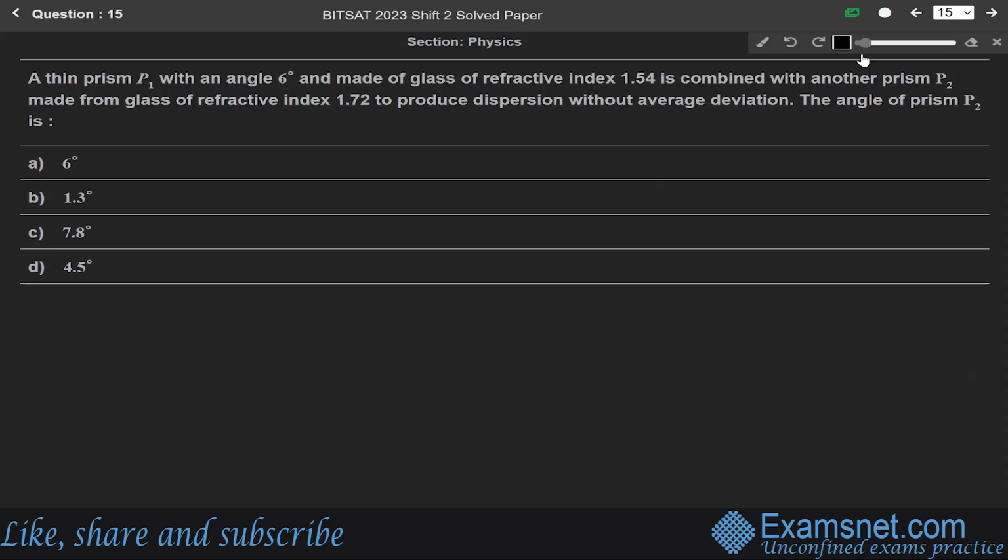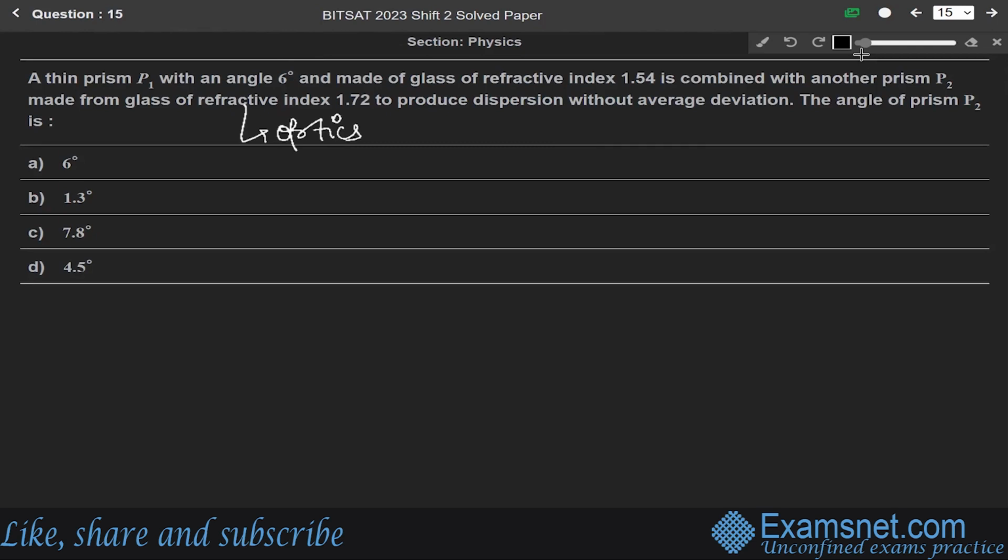Now next question 15. A thin prism P1 with an angle 6 degree and made of glass of refractive index 1.54 is combined with another prism P2 made from glass of refractive index 1.72 to produce dispersion without average deviation. So the angle of prism P2 is, okay. This question is from the chapter of optics.